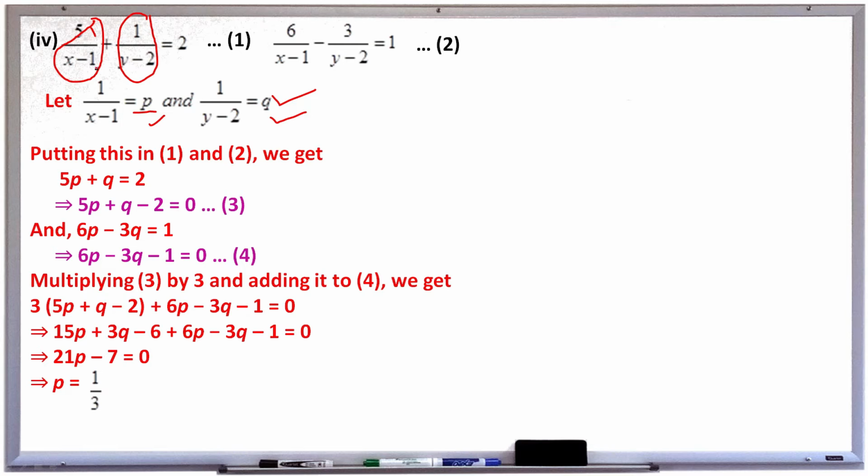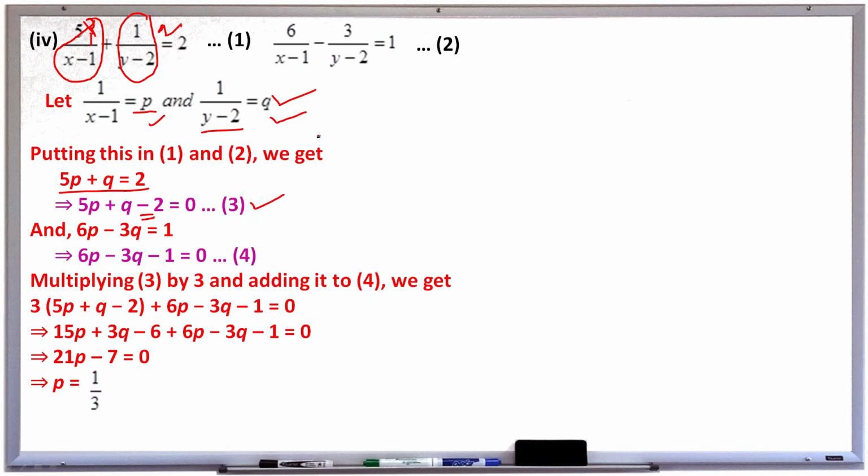So in the first equation, instead of 1 by (x minus 1) we can put p, so this will become 5p, plus 1 by (y minus 2) we have taken as q, so this one we can say q. So 5p plus q is equal to 2. We write in the standard form, so bring the 2 to the left side, it will become minus 2, correct? So 5p plus q minus 2 is equal to 0.